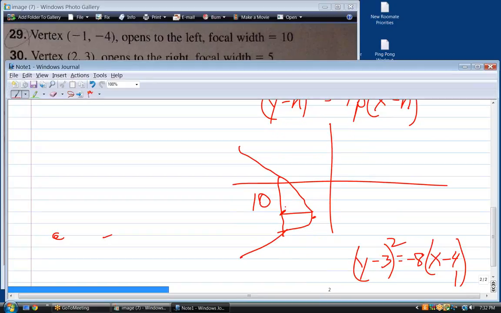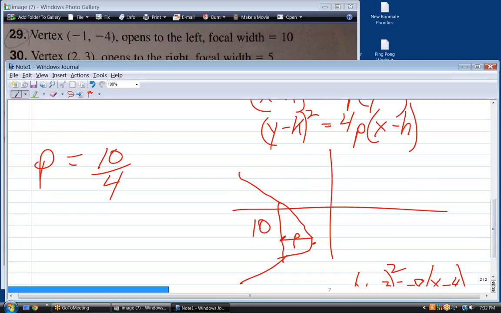What is P? 10 divided by 4. Okay, that's fine. 10 divided by 4, and we can leave it like that. We don't need to simplify it because notice that we're going to write it as an equation with 4P. And is it positive or negative? Negative.